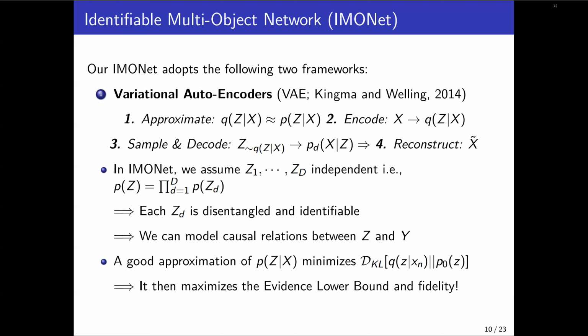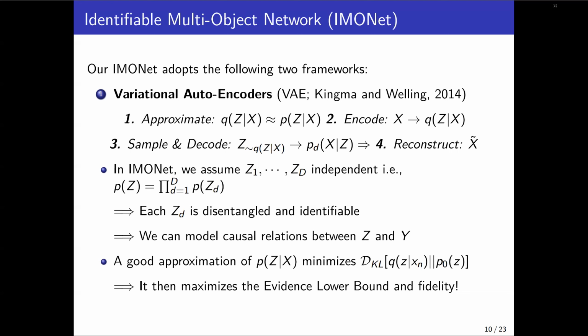Now I introduce the identifiable multi-object network, or IMONET in short. It adopts variational autoencoders, or VAE. We need to approximate the posterior, which is intractable in most cases, through variational approximation. We call the lowercase q such an approximation of its corresponding p, which refers to a true distribution.